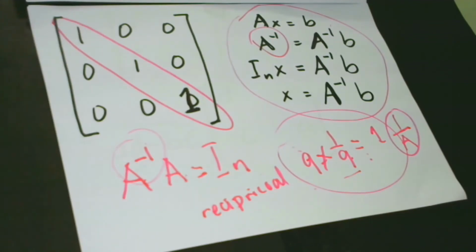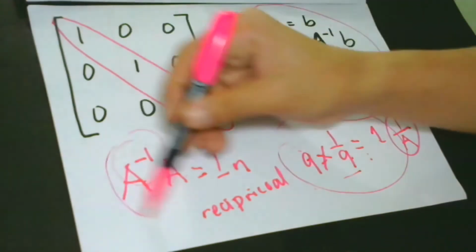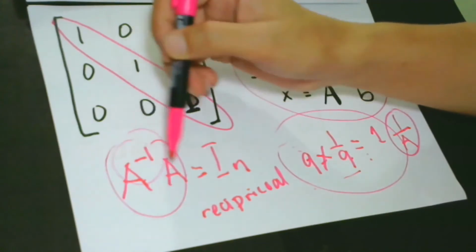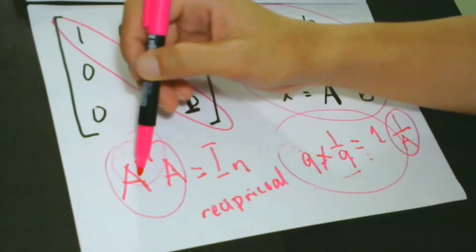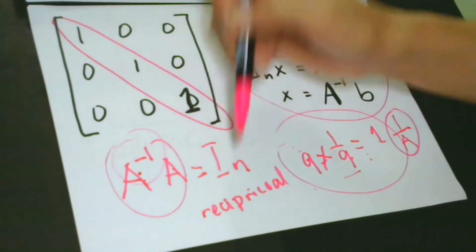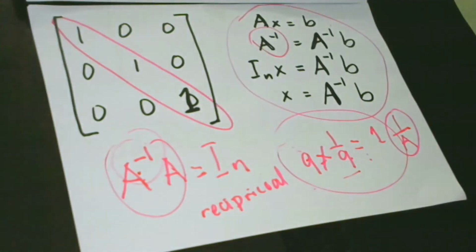Let me repeat that. When we multiply a matrix by its inverse, the result is its identity matrix, which is like 1 of the reciprocal. So the output would still be the same.